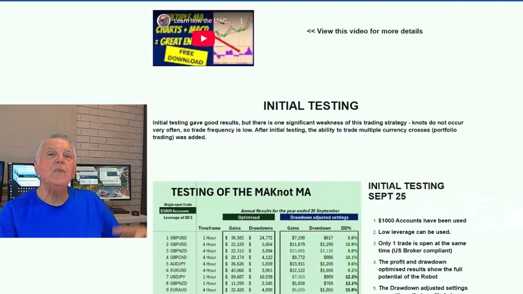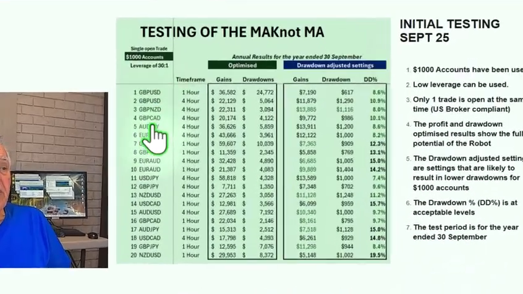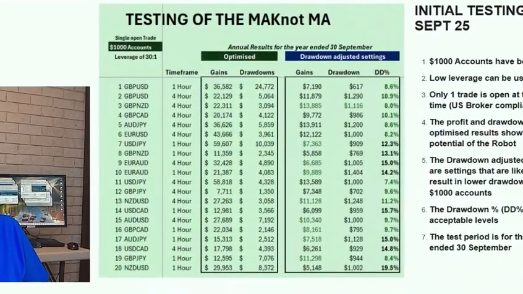So what happened is we created the EA and gave it to our premium members to test, and they did a bit of initial testing, and here are some of the results from the various currencies that we tested.